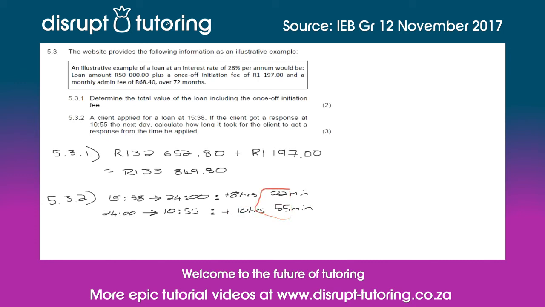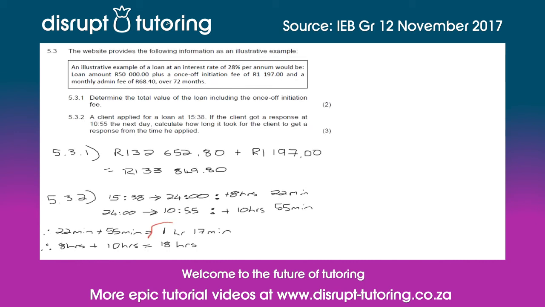So first off, if we add the 22 minutes to the 55 minutes, that is going to equal 1 hour and 17 minutes. And then we need to add our hours together, so it's going to be 8 hours plus 10 hours, which comes to 18 hours.